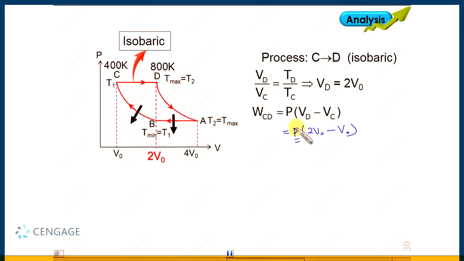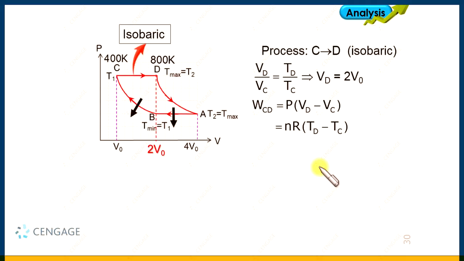But we do not know the value of P. So, we can write P multiplied by 2 V naught minus P multiplied by V naught, and this can be written as nR multiplied by the temperature T_D minus nR multiplied by T_C. So, we can write nR (T_D minus T_C). Now, we can substitute the values for calculating the work done. The final calculation will be equal to 400 nR.